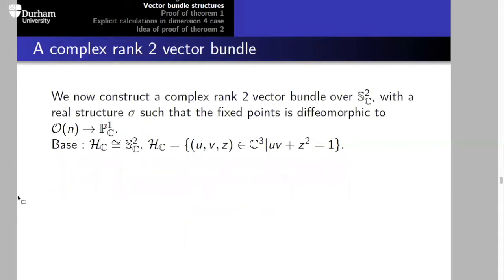Now, what I'd like to do is find an algebraic model. That means find a real algebraic vector bundle where the real points are just this En, and I will do it by finding a complex vector bundle of rank 2 and giving a real structure on it such that the fixed points is diffeomorphic to the En over the sphere, which is the same thing as On over the projective line.